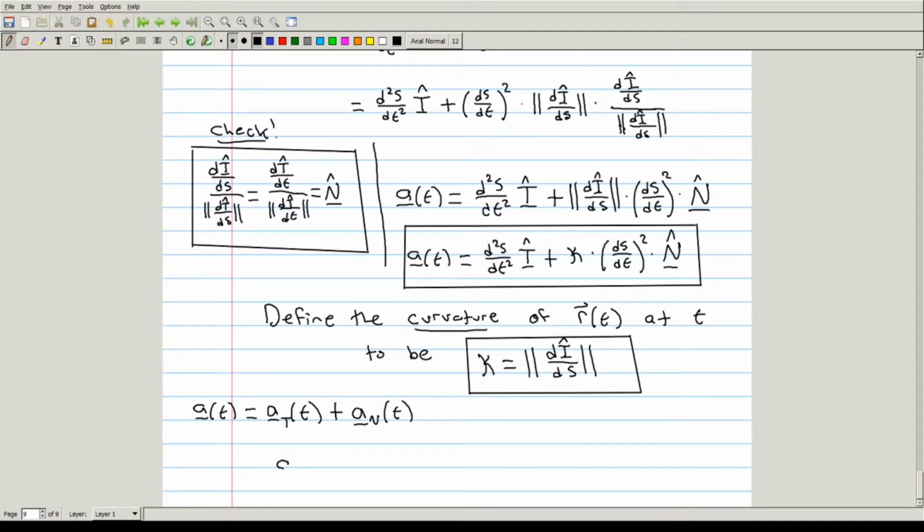Where AT, the tangential component of acceleration, is exactly this first component, just saying that it's the second derivative of arc length. That's exactly what the tangential acceleration is.